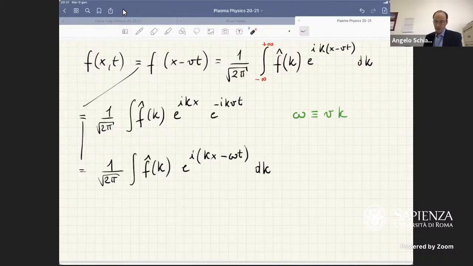Okay, we change the notation in order to arrive at this exponential factor here, and we now define a new quantity we are going to use in plasma physics. All this effort was to achieve this notation, where we can now say that we define what is called the dispersion relation.